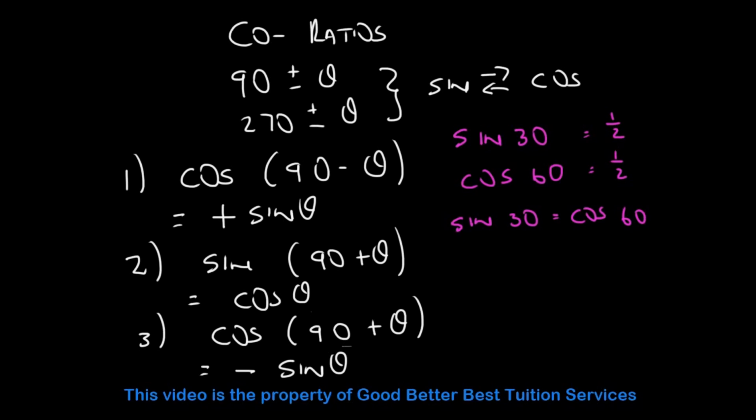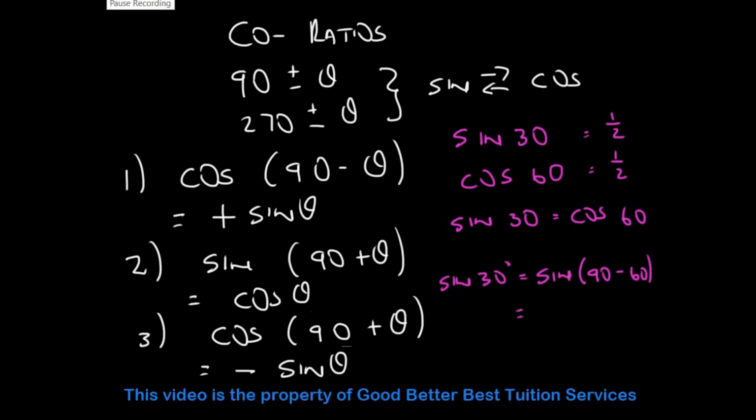Now, this gives us an opportunity to manipulate expressions to help us simplify. We therefore have a rule that whenever we use 90 plus or minus theta or 270 plus or minus theta, sine will become cos and cos will become sine. Let's look at an application of that.